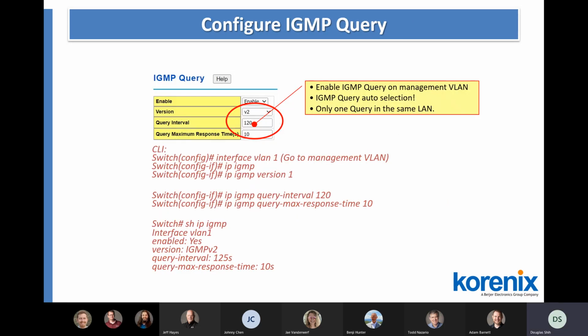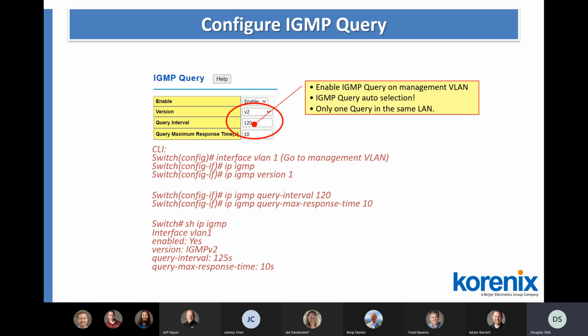Here is the setting page. In the IGMP querier setting, we choose which version we want to use, and set the interval and the maximum response time. The versions our switches support are V1 and V2.